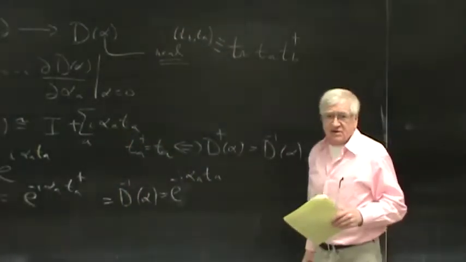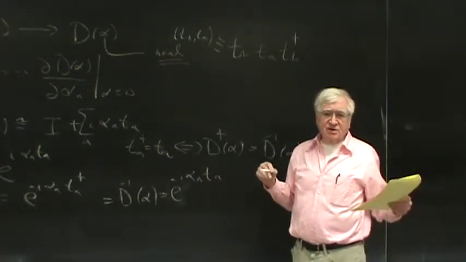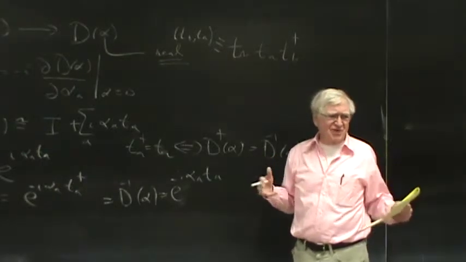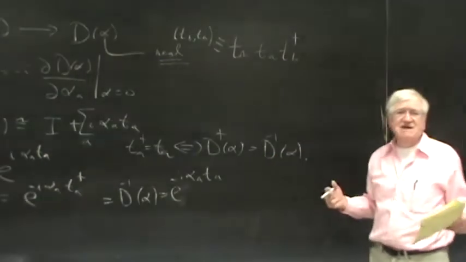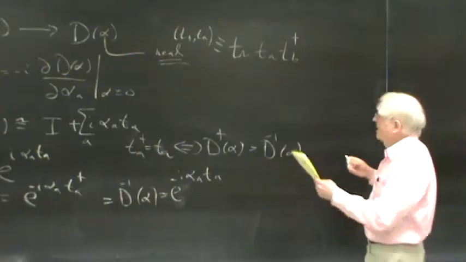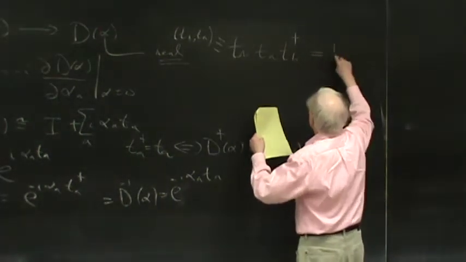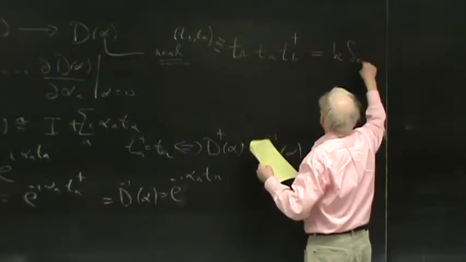And, you know, whenever you define an inner product, you can use the Gram-Schmidt process or some other process to make these things orthogonal. So what one can do is make them orthogonal.